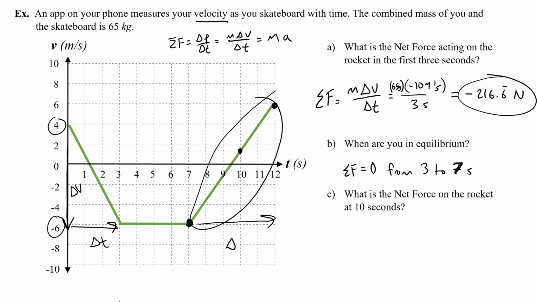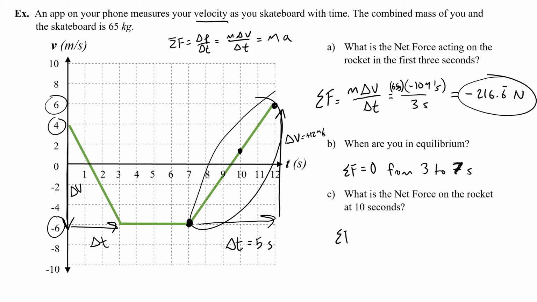Change of time, delta t, from 7 to 12 seconds is 5 seconds. And now I have an increase, my delta v. I go from, looks like negative 6 to positive 6. So that's a positive 12 meters per second.